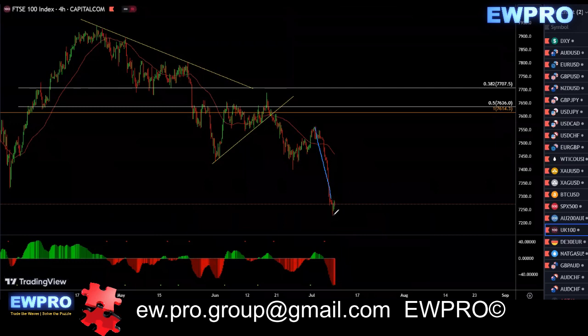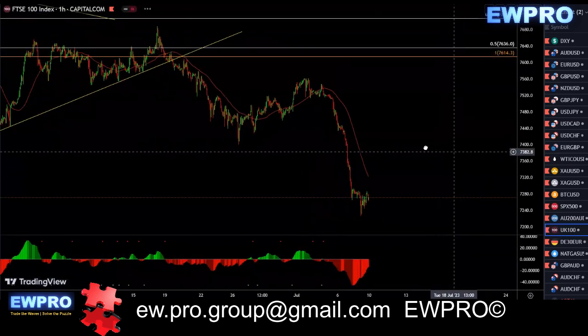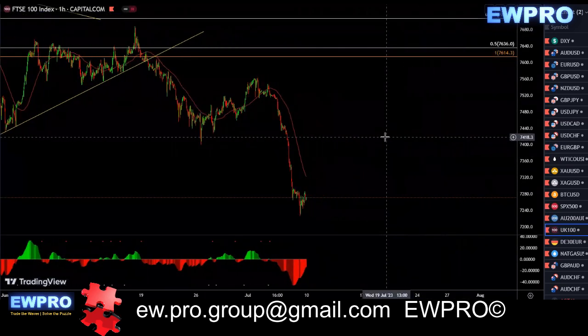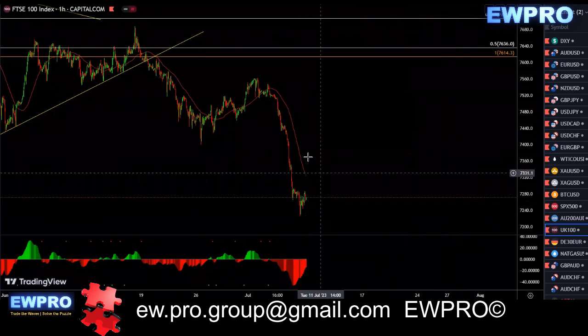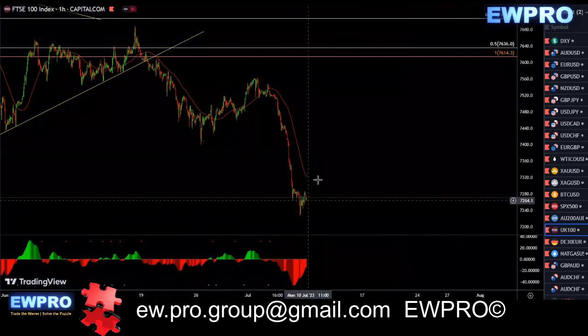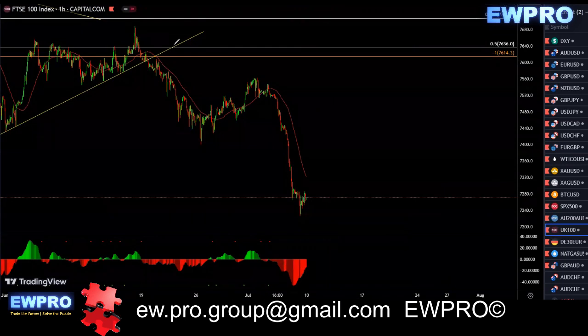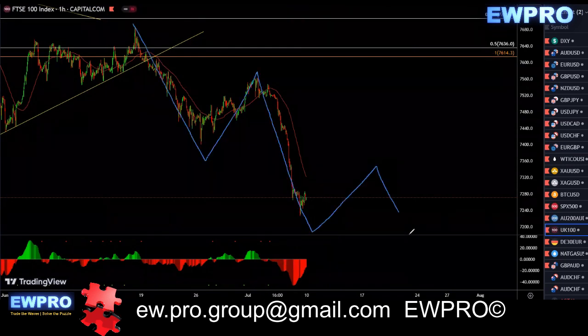And this wave in here, this wave Y, may not be over yet. You'd really have to go down to the lower time frames to find out what's going on. You'd have to go right down onto the lower time frames, but you're getting some sort of a WXY. You'd be looking for an X2 and a Z down, like I mentioned.